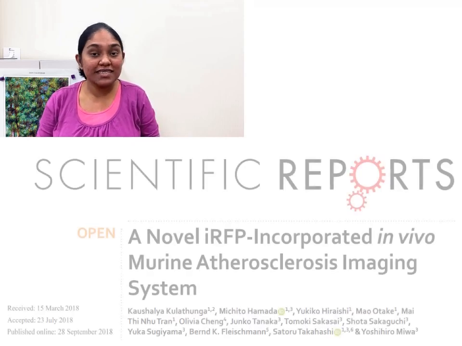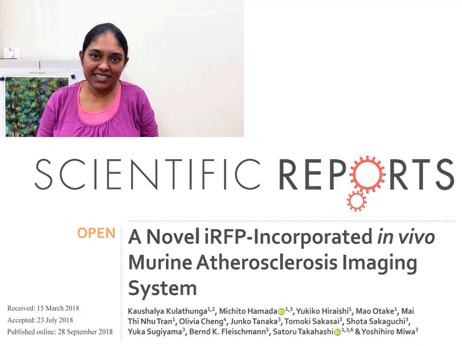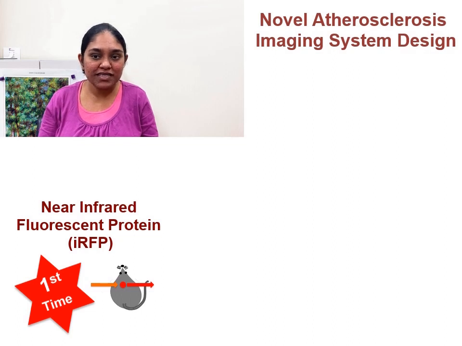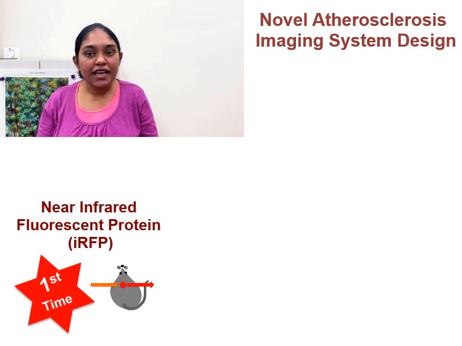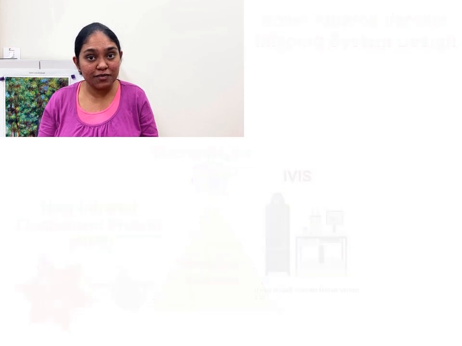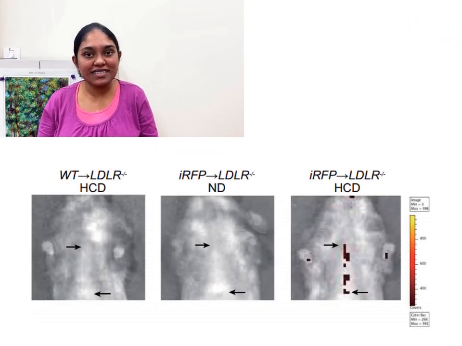We have successfully developed a new in vivo atherosclerosis imaging system in mouse, which was published in Scientific Reports in 2018. In brief, we have used IRFP fluorescence as the imaging probe to image atherosclerosis for the first time. IRFP transgenic macrophage accumulation in atherosclerosis plaque was imaged by IVIS system.